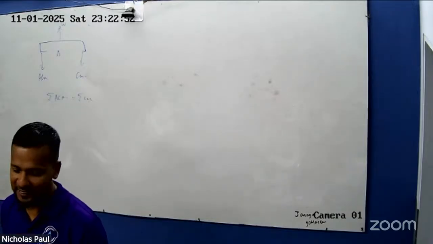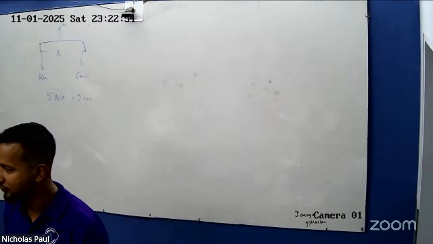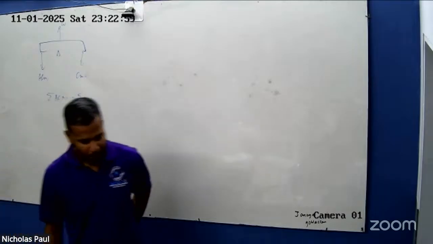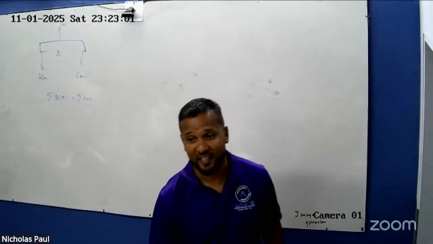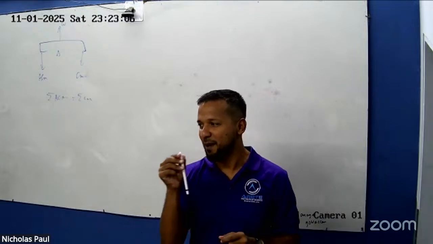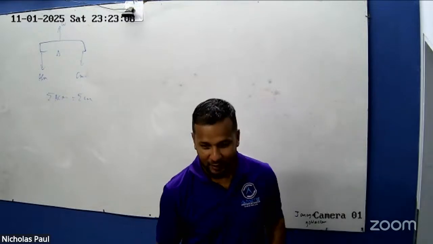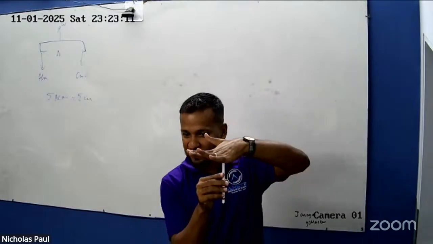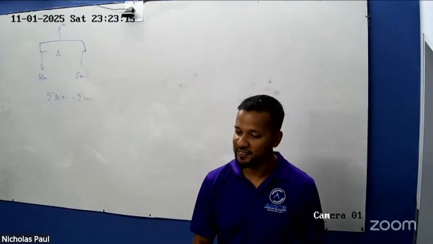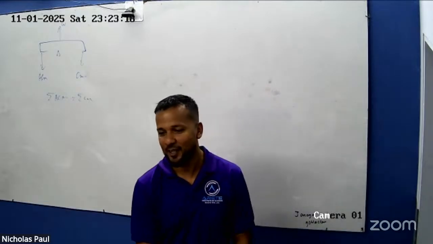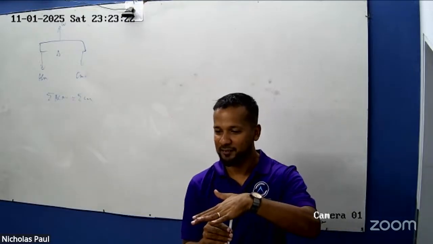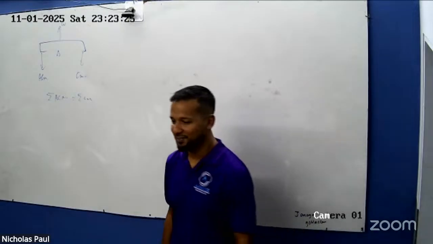So that's the center of gravity. If you want to challenge yourself, take a pencil tip and see if you can balance your phone on it. That will be an even more accurate value for the center of gravity. You take your fingertip and balance your phone on top. If you find that, that's the center of gravity.